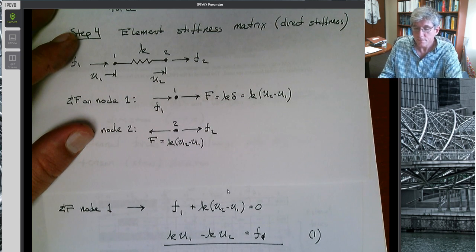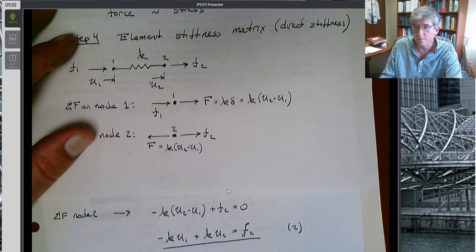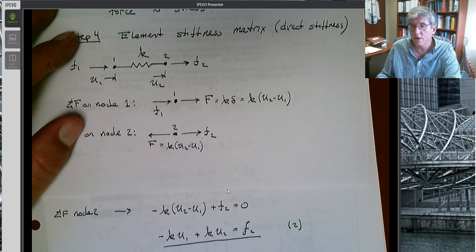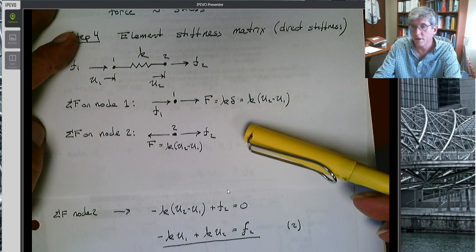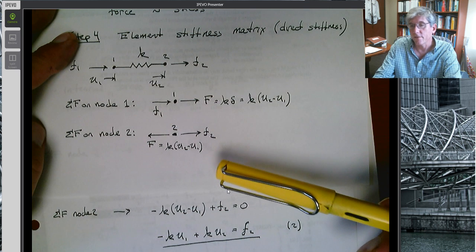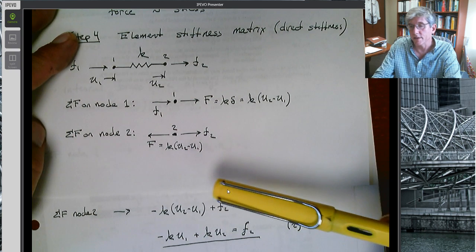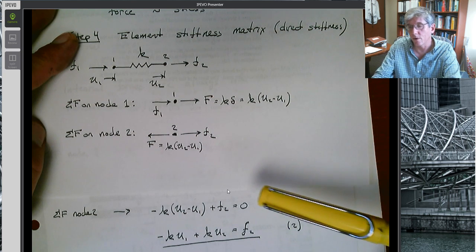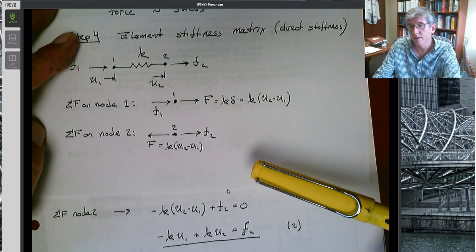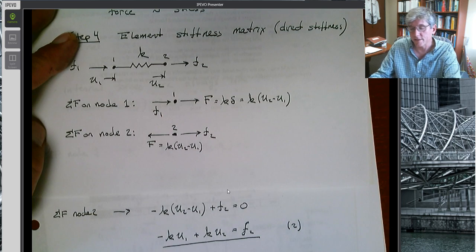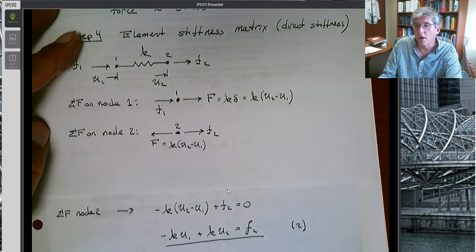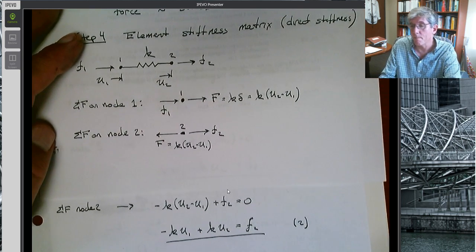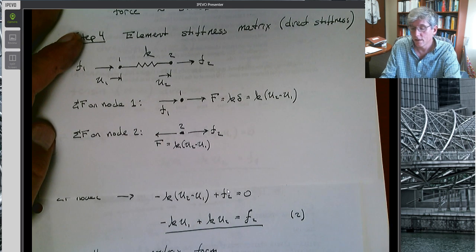Now, we can also do the same for the sum of forces on the second node, all right? Now here, we have minus K times (U2 minus U1), right? Plus F2 equals 0, or putting that in the same sort of form where we put the forces on the right-hand side and the unknown terms on the left-hand side, we get minus K U1 plus K times U2 equals F2, right?